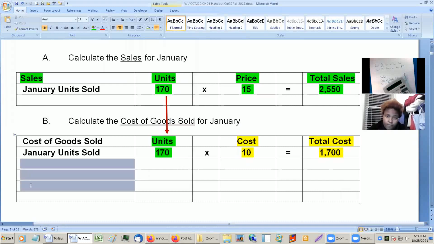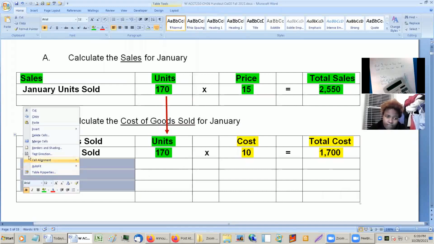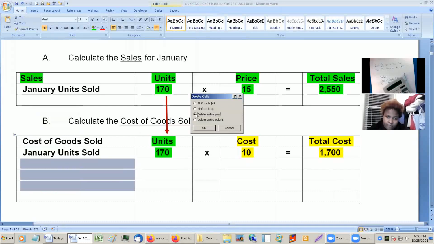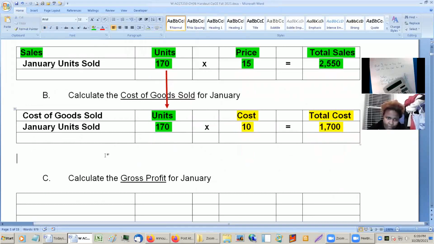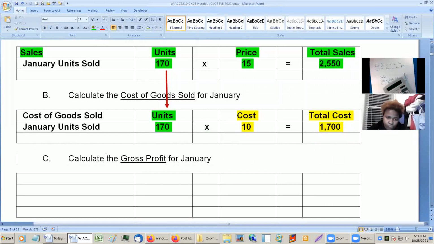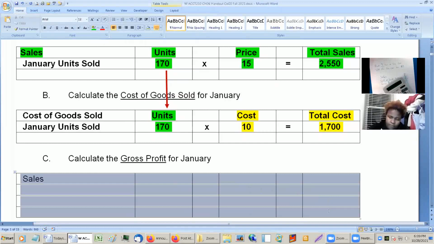I'm going to get rid of some of these rows we don't need, and get them on the same page. So this is what this would look like. Calculate the gross profit. We have sales. I'm going to bold all these so we can see them.